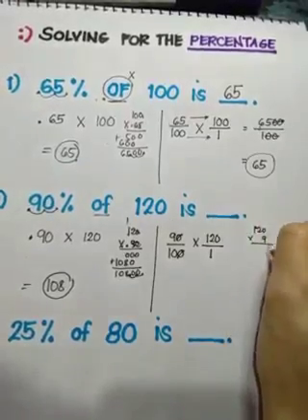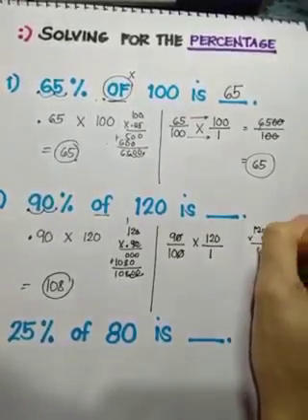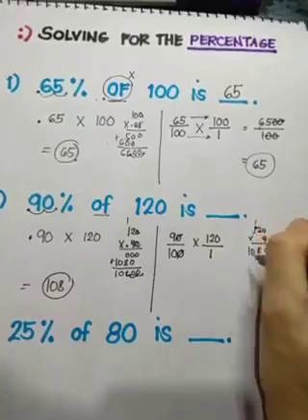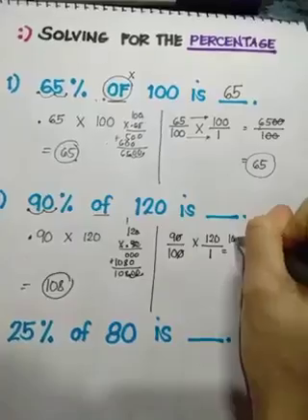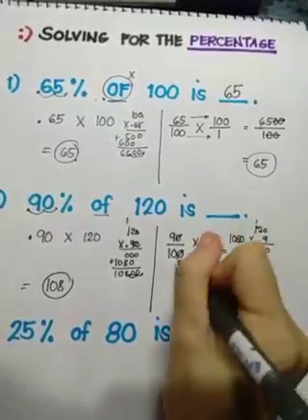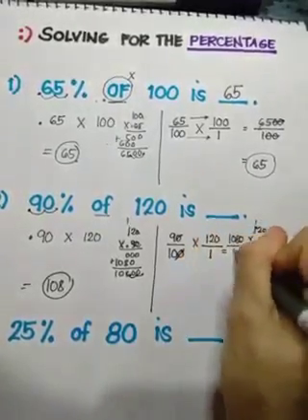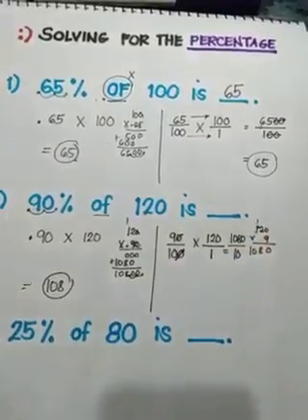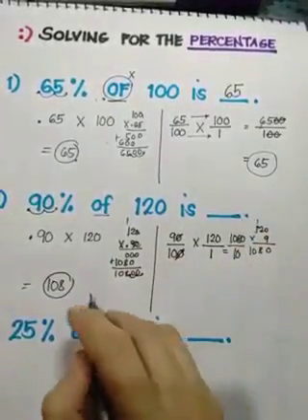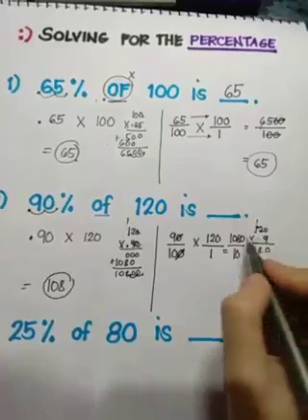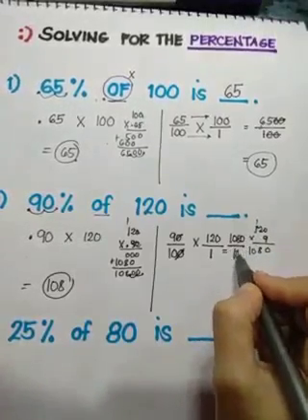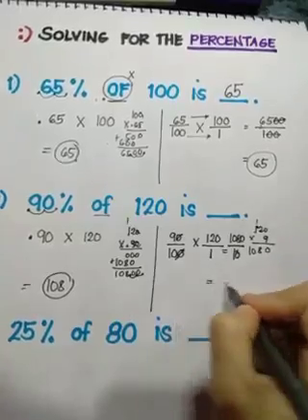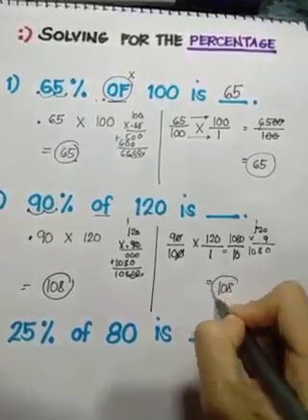So that is 1,080, and then we just divide by 10. 1,080 divided by 10 is equal to 108.